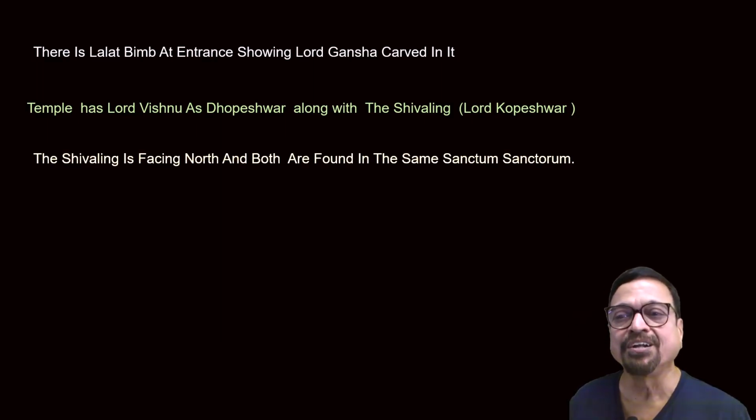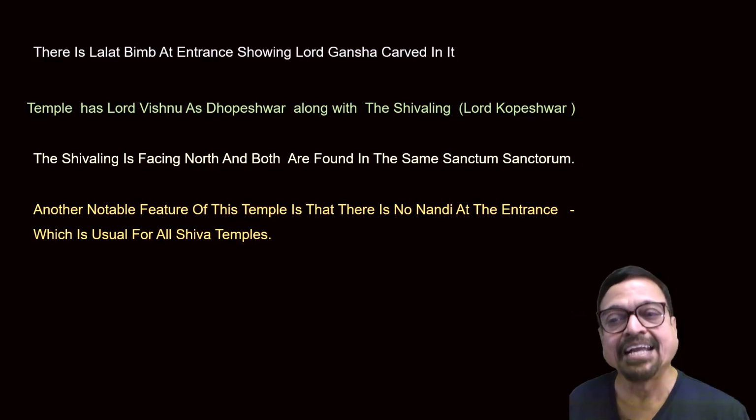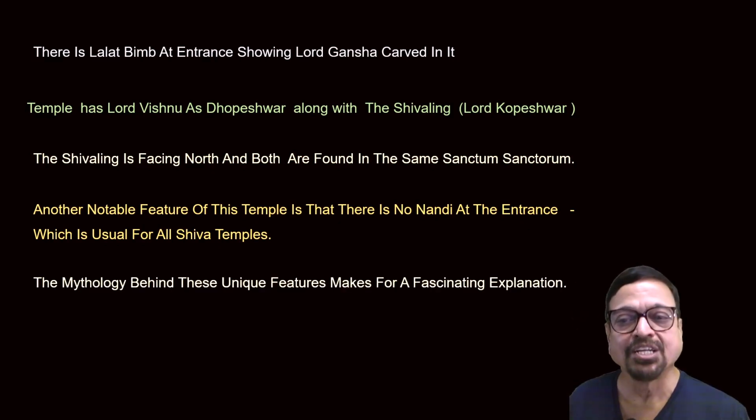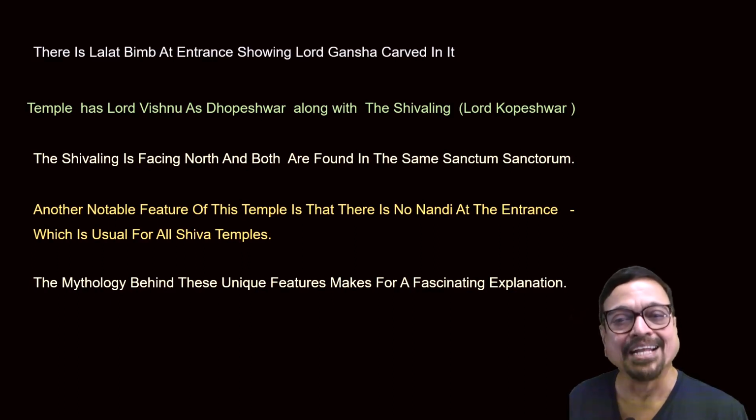Another unique feature: the Shivalinga is facing north and both are found in the same sanctum. Another notable feature of this temple is that there is no Nandi at the entrance. You will not find this in many temples. This is specific to this temple. The mythology behind these unique features makes a fascinating explanation.